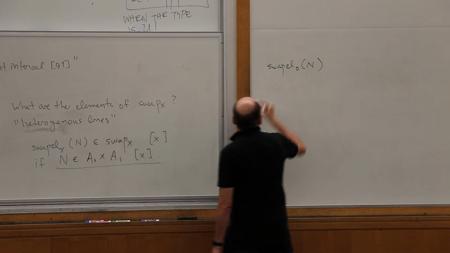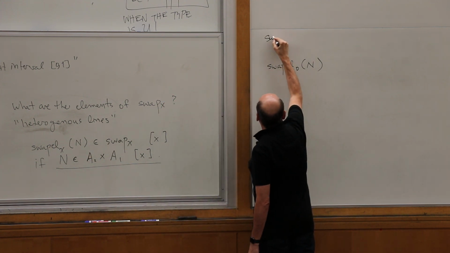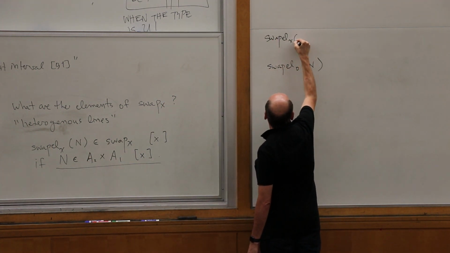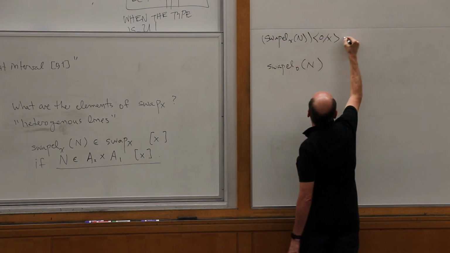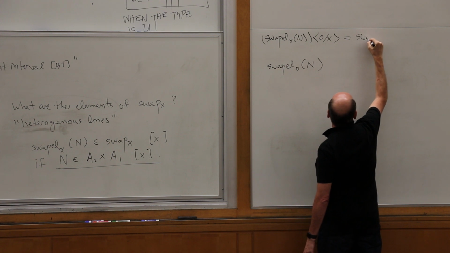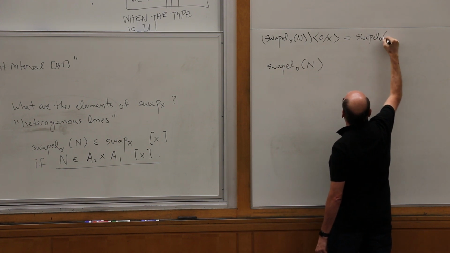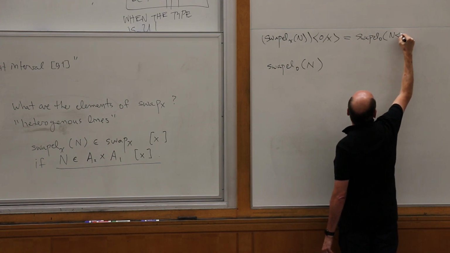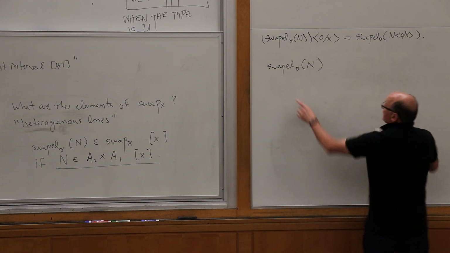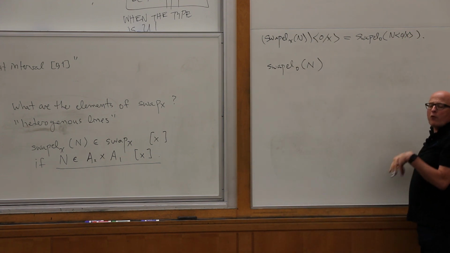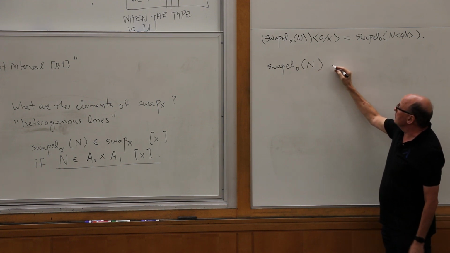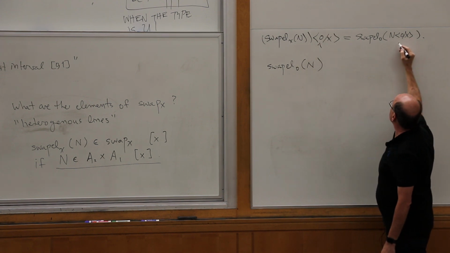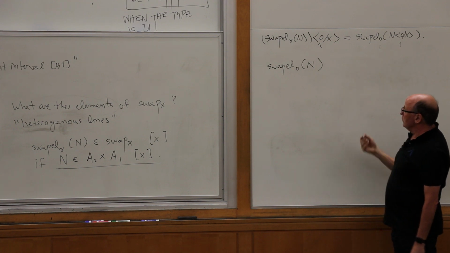In other words, if I take swap L sub X of n, then what that is, is swap L0 of n with 0 for X. So when I write this operational semantic step, I've already done that. That's how I got here. That's the way I'm supposed to think of it, okay? And the same would be true with 1. This would be a 1.